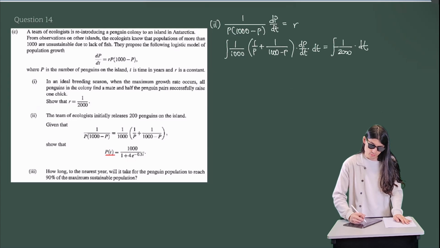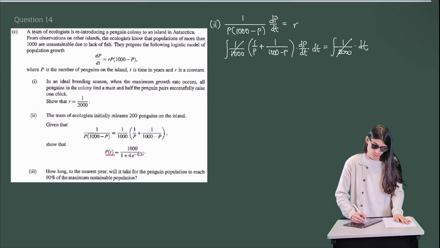But anyways, then the 1 over 1000, 1 over 2000, they cancel. Produce the 2 over here. The dt also cancel. Now integrating the left hand side with respect to p, we end up with ln p plus minus ln 1000 minus p.